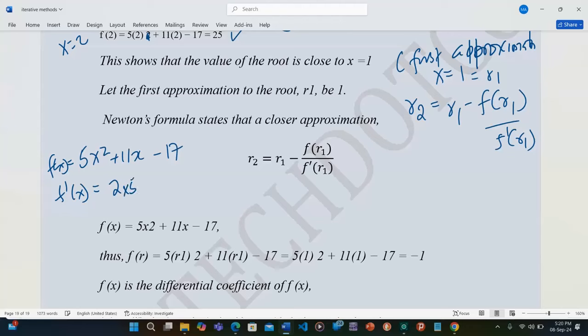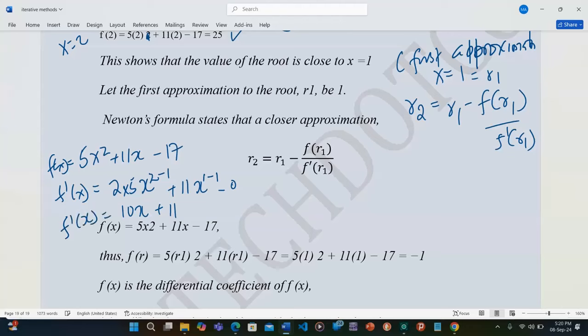Then x to the power 2 minus 1, plus 11 times x to the power 1 minus 1. Obviously this, when differentiated, is going to be 0. So this is going to be 10x plus 11, and that's all.